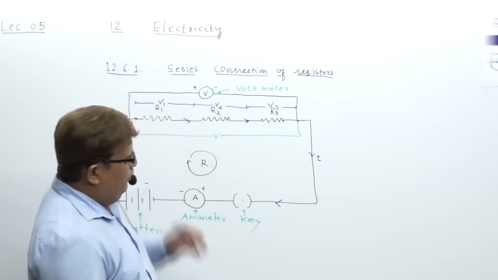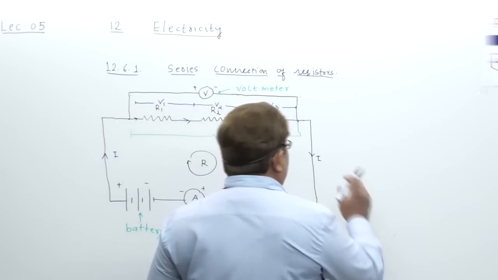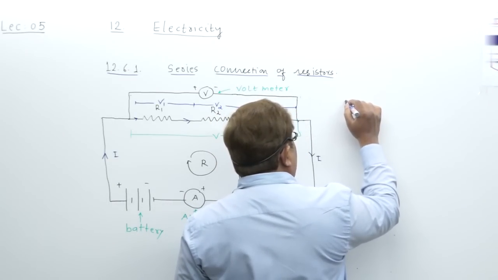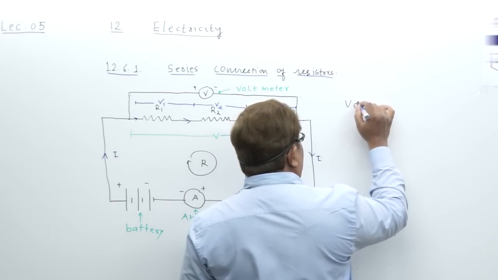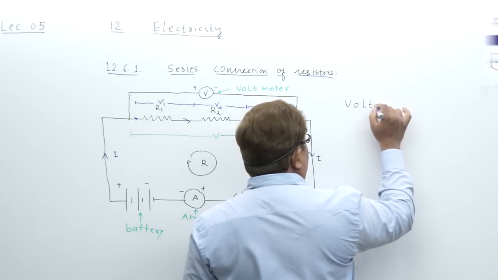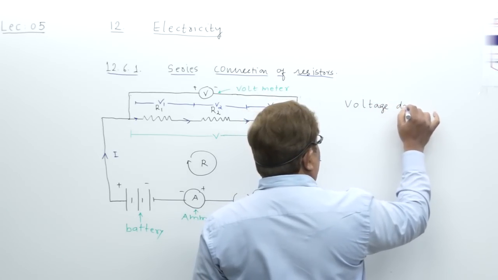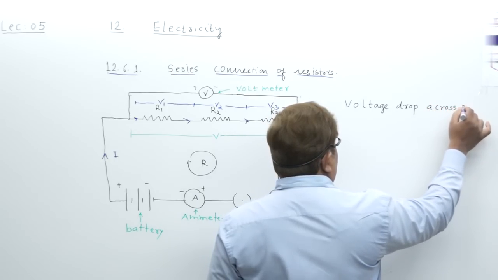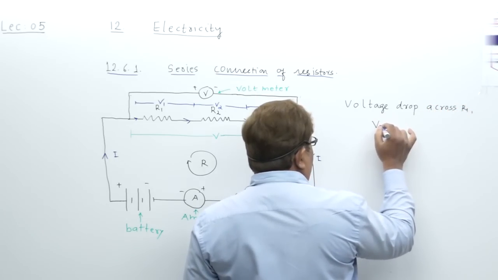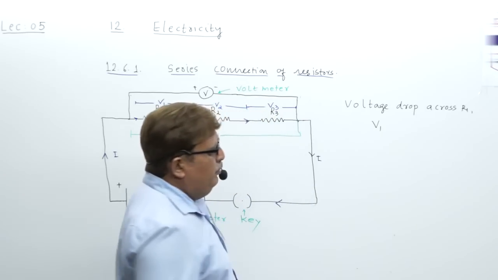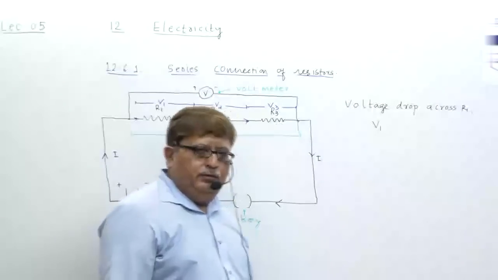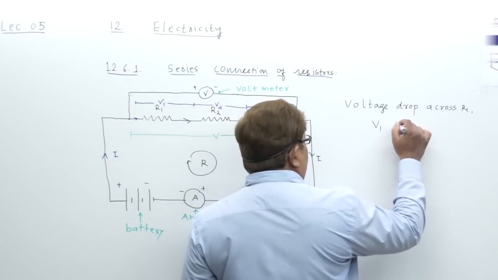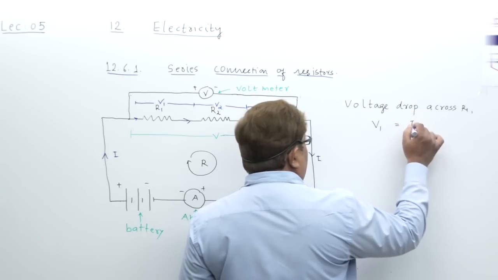So let us try to find. It is not written in the textbook in detail, but let us write. I am not writing potential difference, I am writing this word: voltage drop across R1. Can you remember Ohm's law? V equal to IR. Here I am taking V1 equal to IR1.